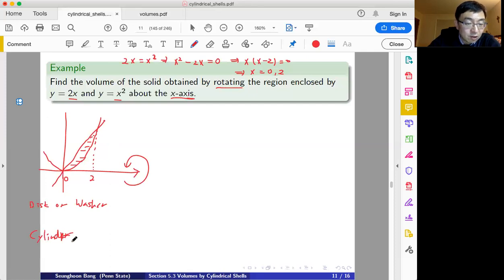Could you write your answer on the chat board? Which method do you want to use for solving this problem?